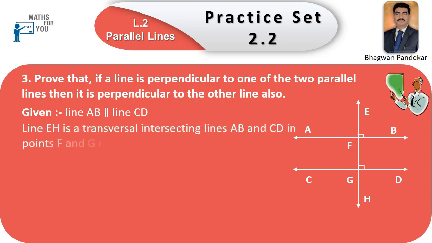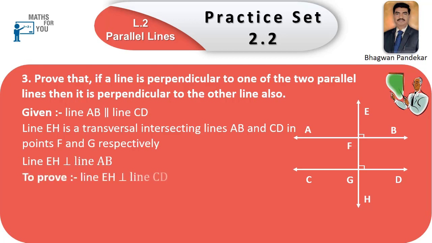Line EH is a transversal intersecting lines AB and CD at points F and G respectively. Line EH is perpendicular to line AB. To prove: line EH is perpendicular to line CD.